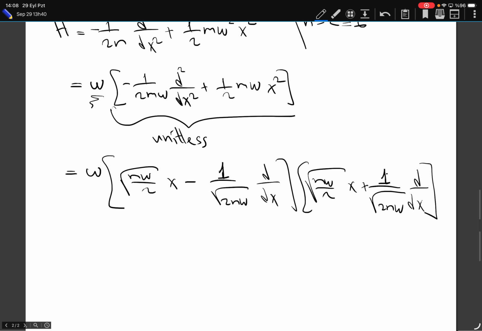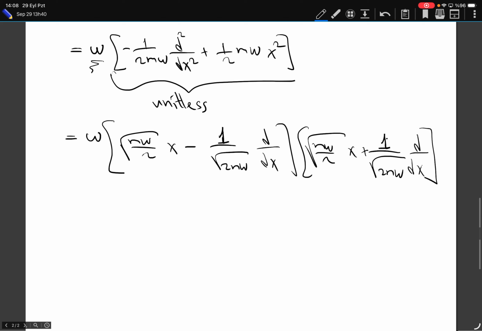Now, this is nice if I'm trying to solve, because each of these factors is just a first-order differential equation. So I kind of simplified my problem. Let's look at these two operators. Let me give them some names. Let me call this A dagger. Let me call this one A.